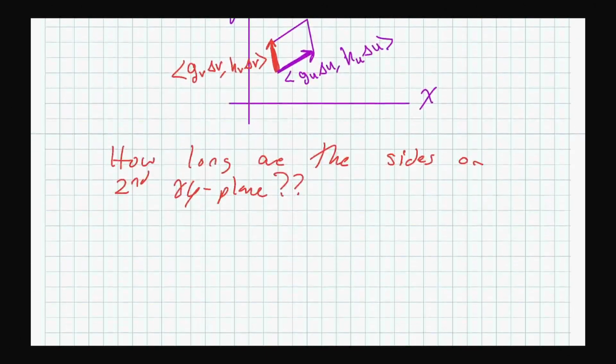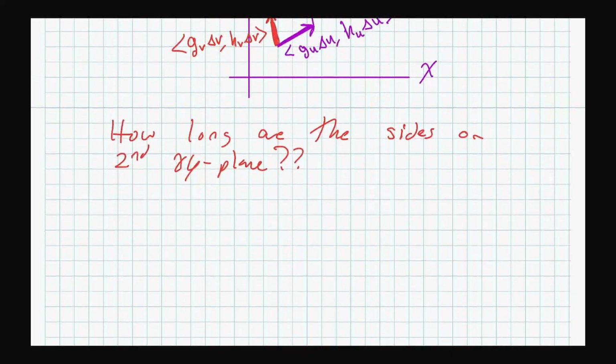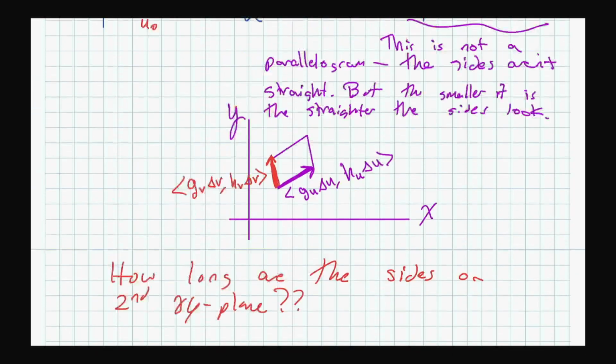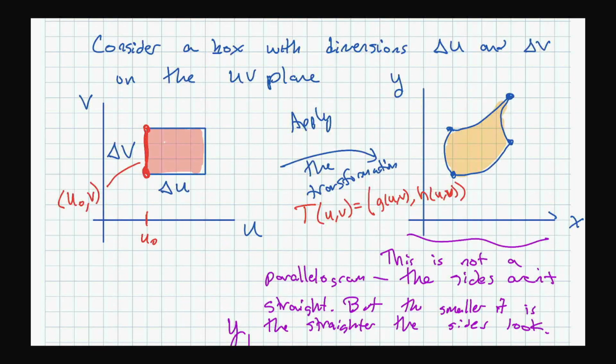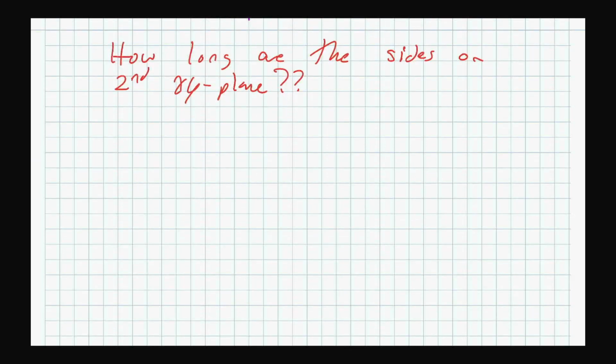Okay, now having done that, once you have that parallelogram, what we need to do is figure out the area. The area of the rectangle is obviously delta v times delta u, right? Length times width. But this is not a rectangle. This is a parallelogram. So we need the area of the parallelogram shown.